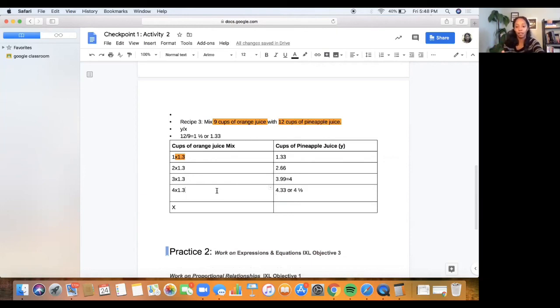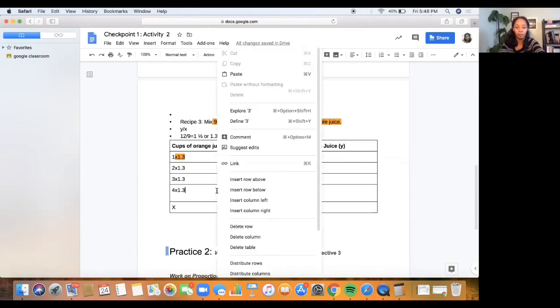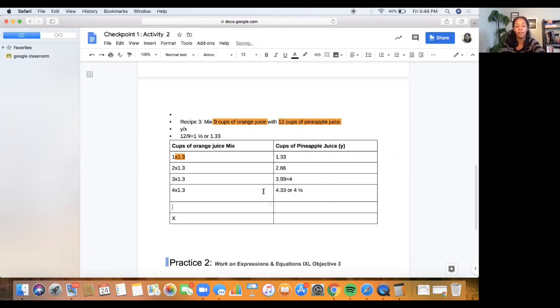You would right click and you should see insert row below, and that should let you add in your 9 cups of orange juice for 12 cups of pineapple juice.